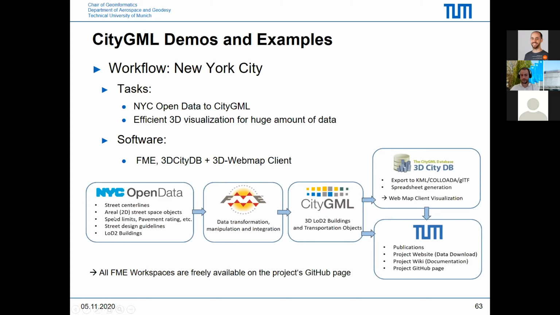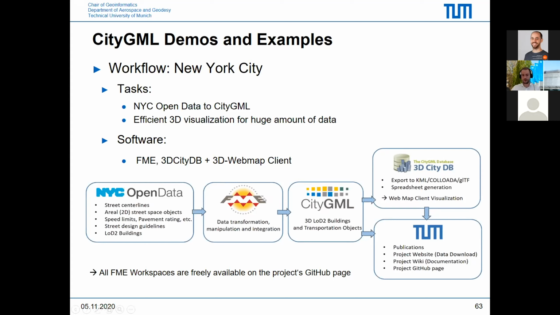There are different data sets containing information on speed limits for individual streets, on pavement rating, and so on. And there's also a street design guideline, which contains information, for example, how high a traffic island should be built, and so on, which can be used for creating equivalent virtual objects.